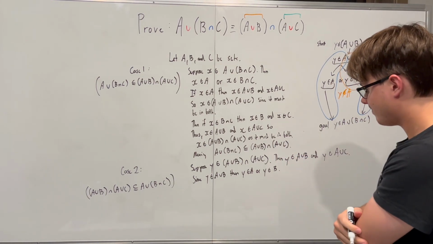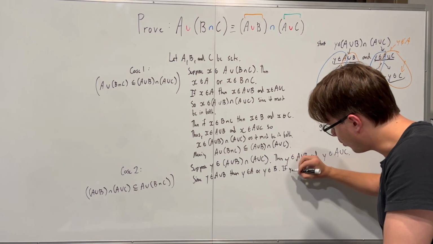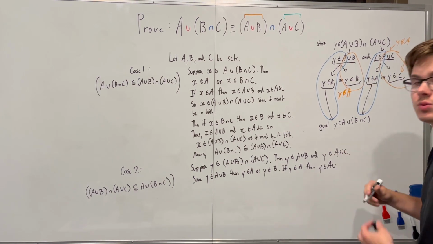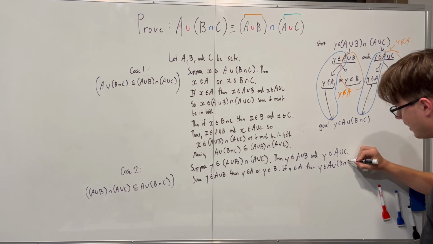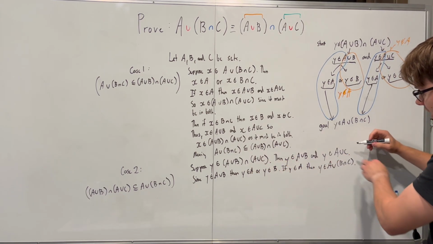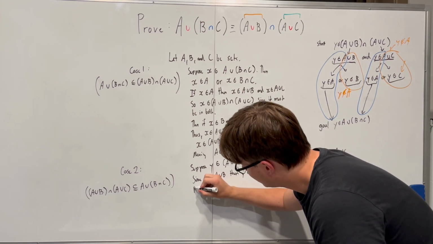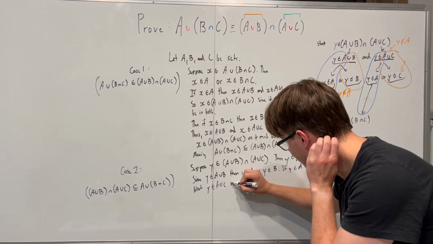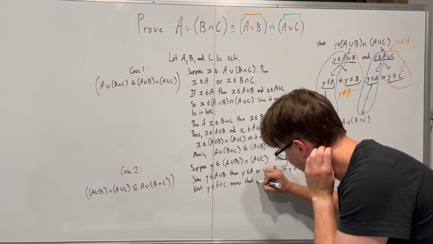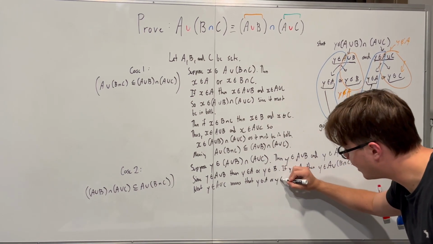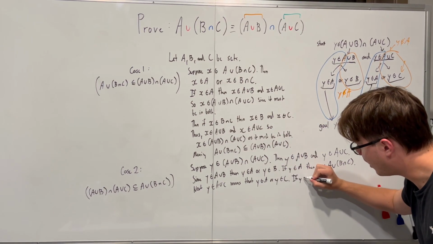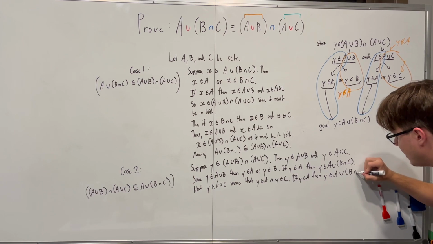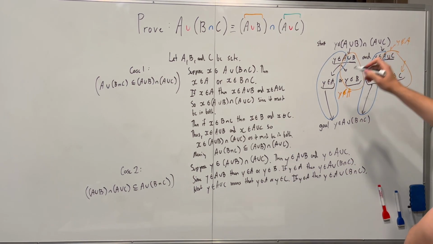And then we can say, if y is an element of A, then y is an element of A unioned with anything, or in this case, B intersection C. We're going to copy this sentence down with our A union C. We're going to say, next, y being an element of A union C means that y is an element of A, or y is an element of C. If y is an element of A, then y is an element of A union B intersection C. Fantastic. Now let's do what I highlighted in orange.